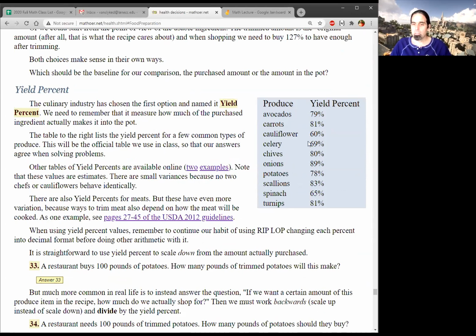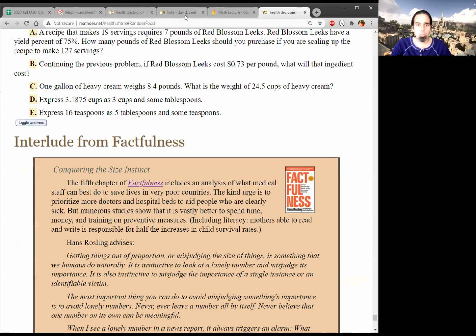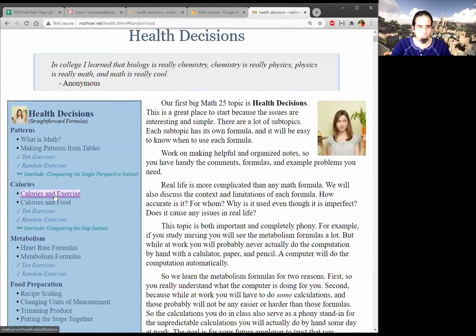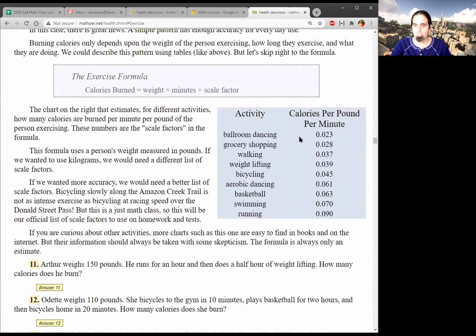This should look vaguely familiar because we had this table earlier in the term. And we talked about how the numbers for calories per minute per pound when exercising are just estimates. If I bicycle up a hill, it's different than if I bicycle on the flat ground, which is different than if you bicycle in any way.